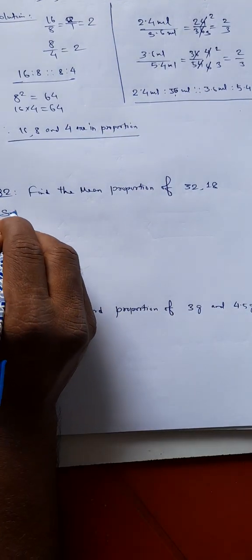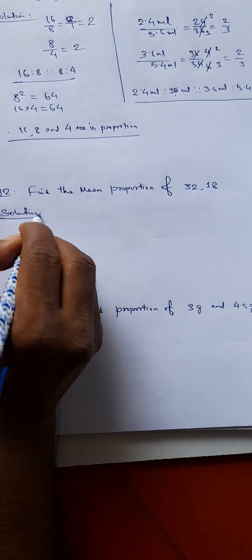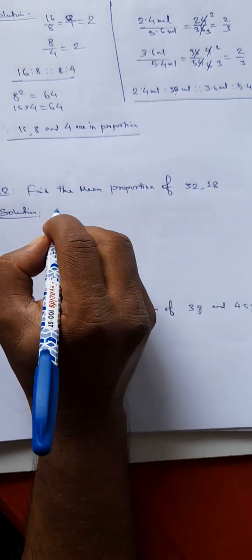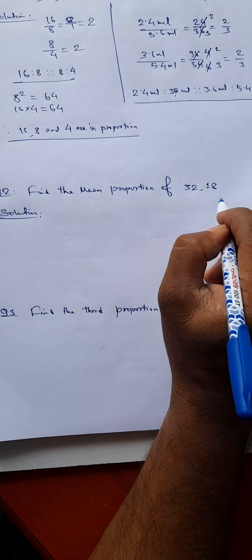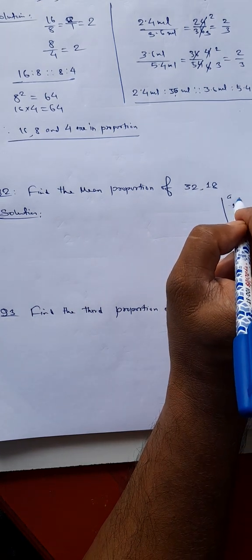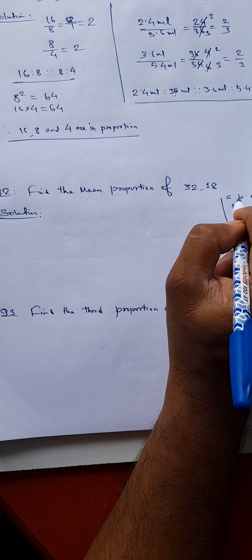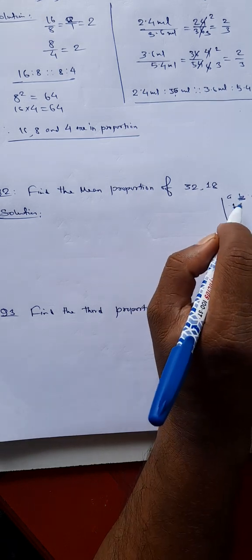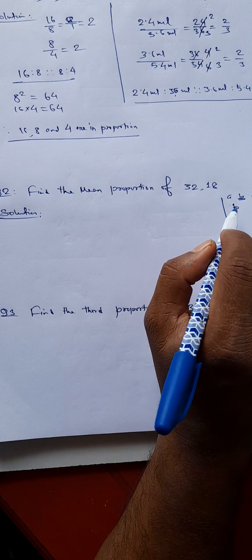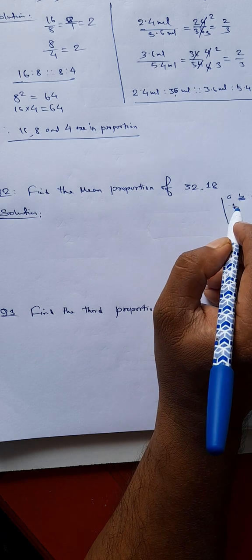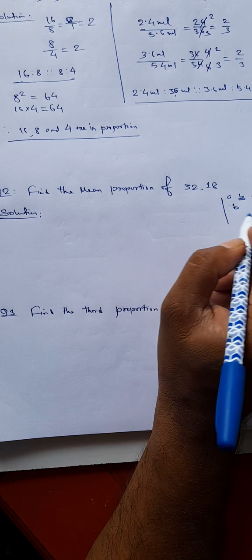Now let's solve this. Find the mean proportion of 32 and 18. Mean proportion means you have to find B here. You are given A and C. If A, B and C are in proportion, A is to B equals B is to C, or B square equals AC, product of the extremes equals square of the mean.